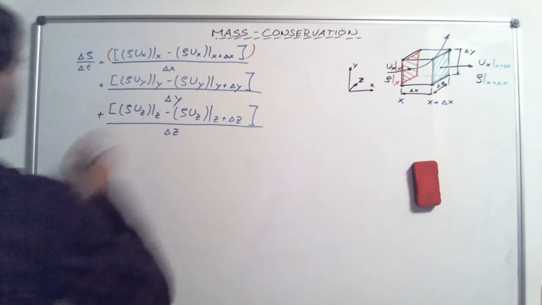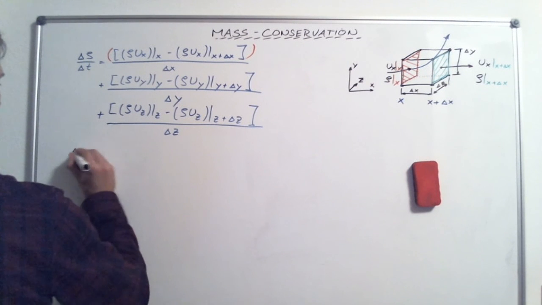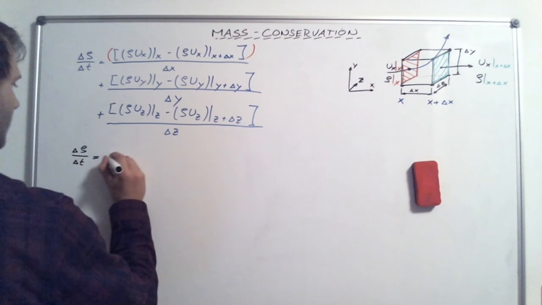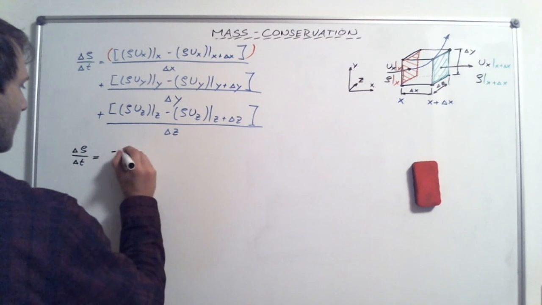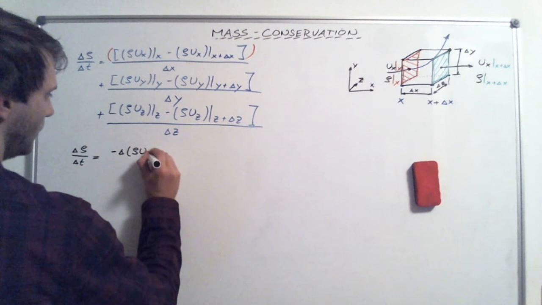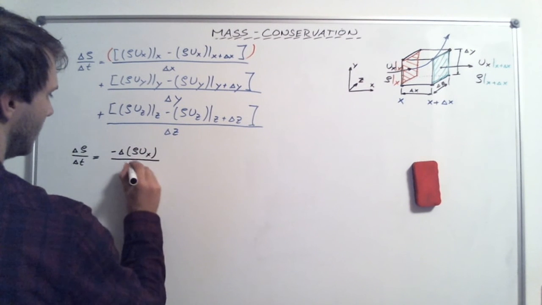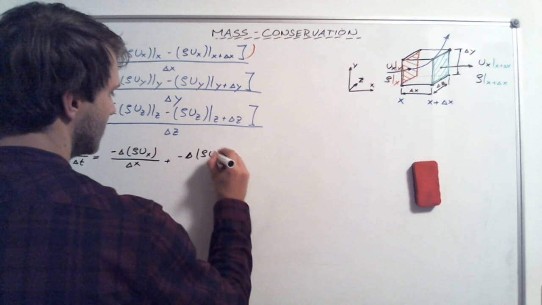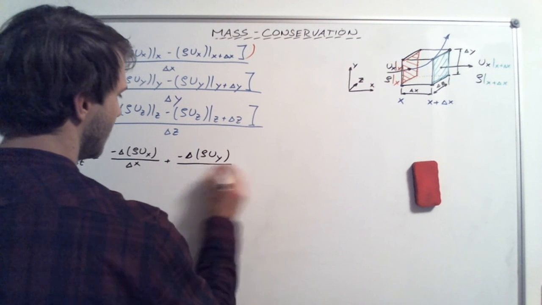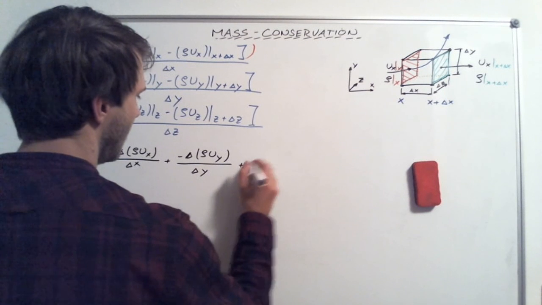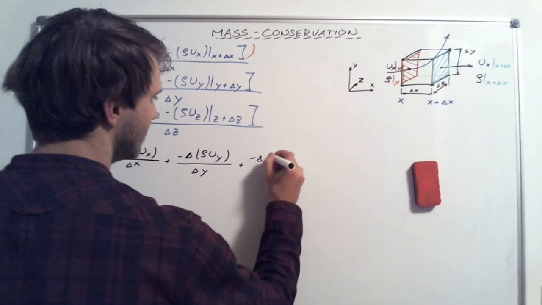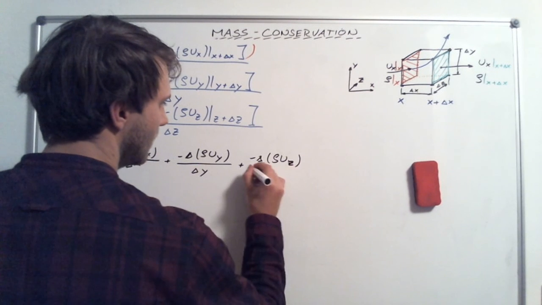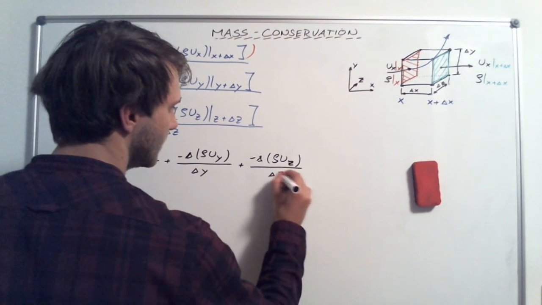So I will rewrite this equation in a more readable form: delta u x divided by delta x plus minus delta rho u y divided by delta y plus minus delta rho u z divided by delta z.